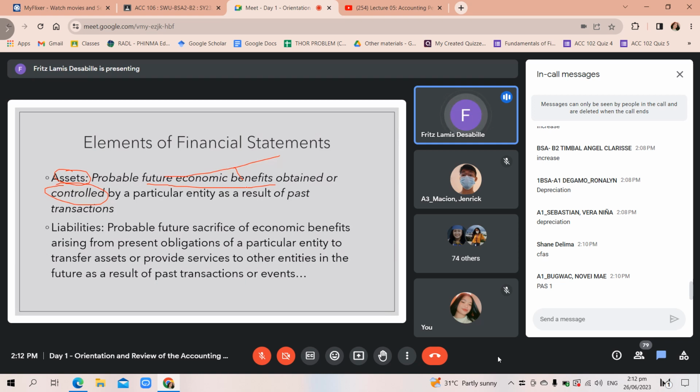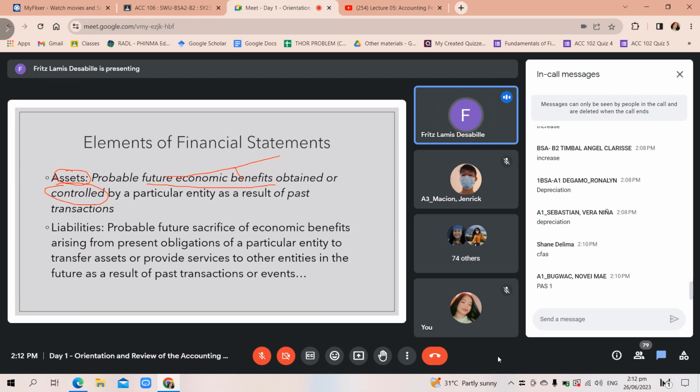So if there is no future economic benefit, how do we recognize it? I'll answer that myself. If there is no future economic benefit, guys, take note of the word future, we expense it. Usually, if we pay for something, we credit cash, right?